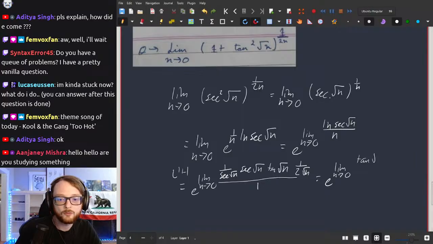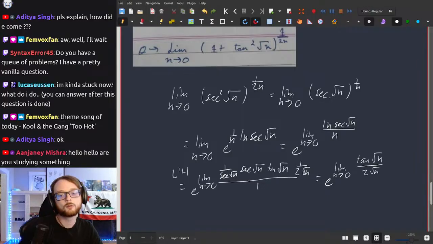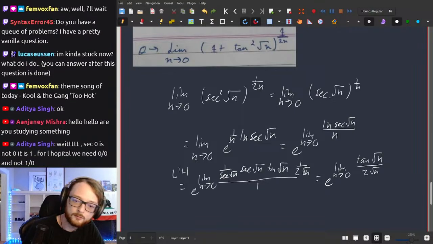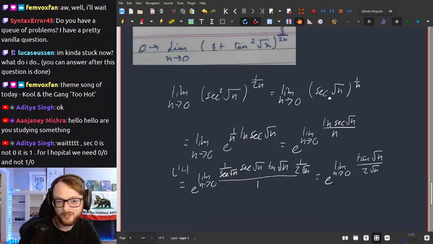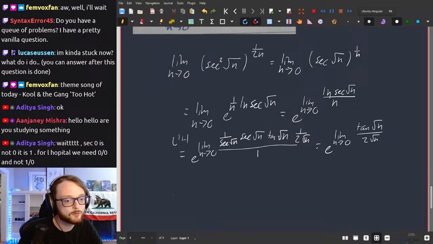The secants cancel. Tan root n over 2 root n. Tangent of 0. Oh, we get 0 over 0 again. So I guess we L'Hopital's again, and hopefully it works out this time. Tangent goes to secant squared.